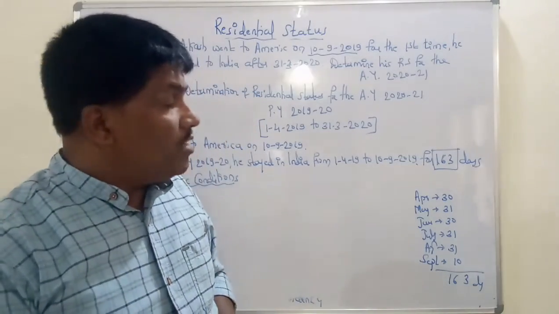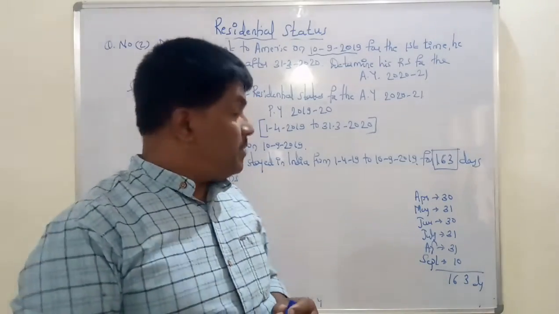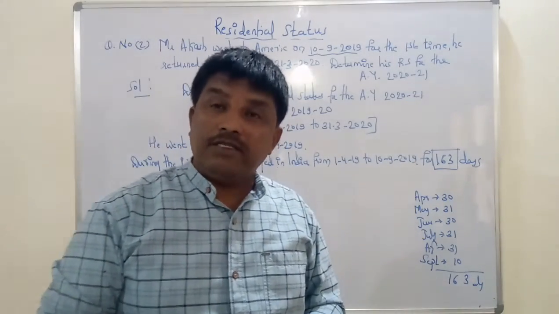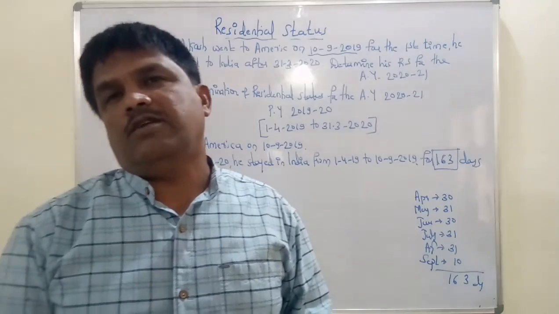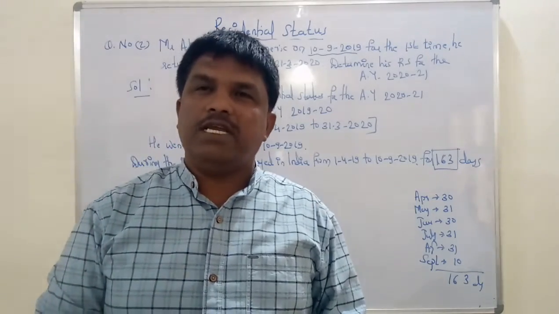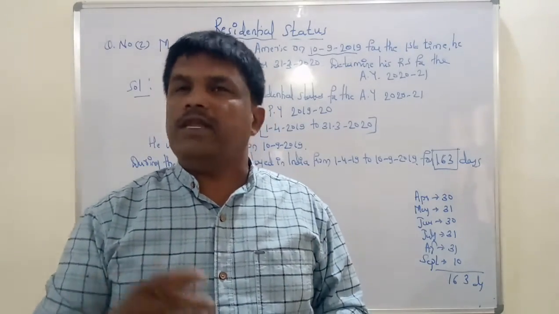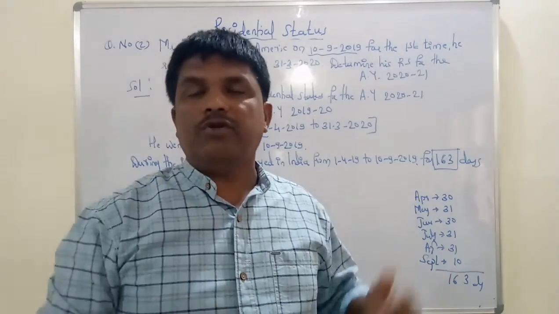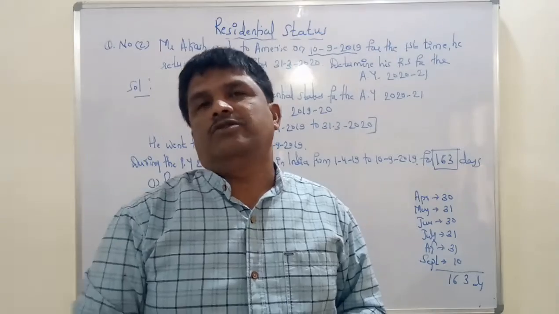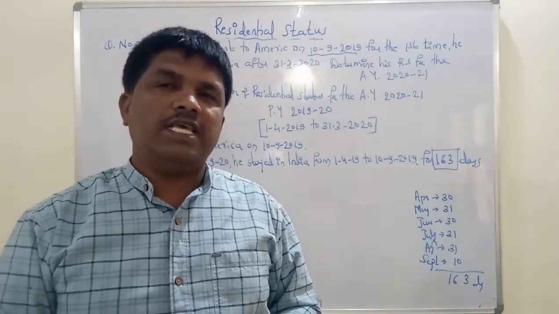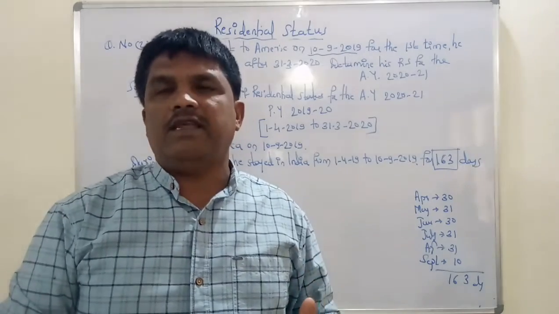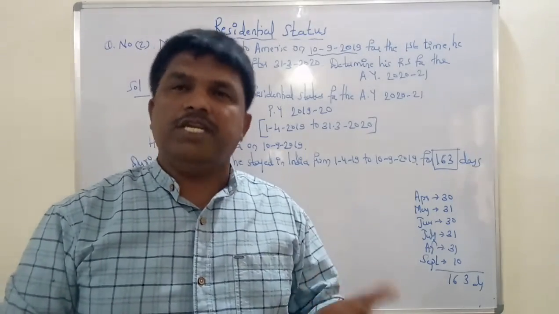So for how many days he stayed in India during the previous year? 163 days. It means he does not satisfy the first basic condition, because to satisfy it he must stay in India for 182 days.